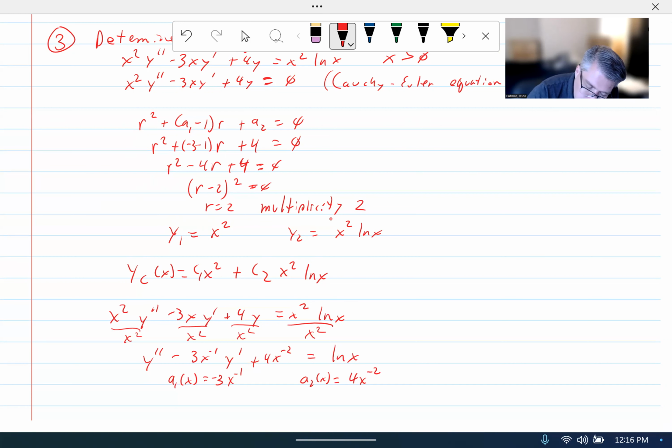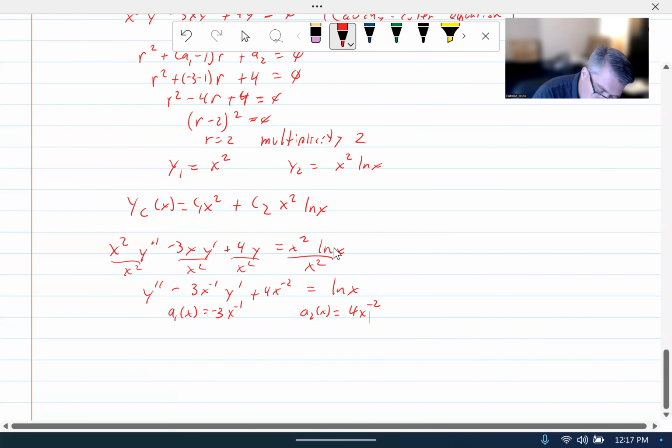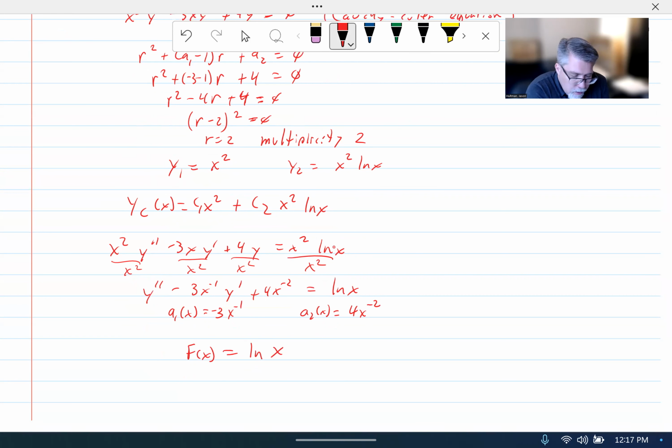Okay, and f of x is equal to natural log of x, right?